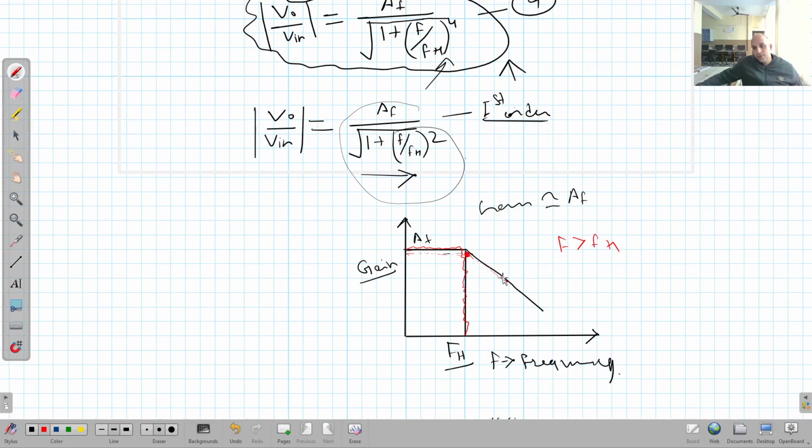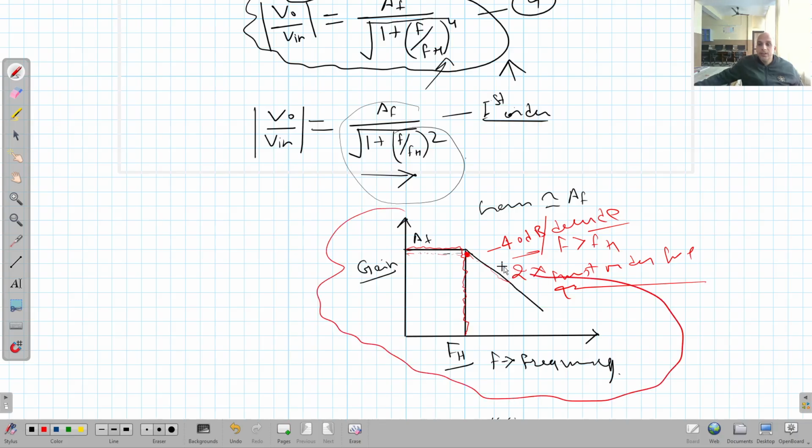It will reduce, right? And the roll off rate in this case will be minus 40 decibels per decade. Clear? Means the roll off rate, the attenuation rate is 2 times the rate of first order filter. So this is the frequency response of this second order low pass filter.